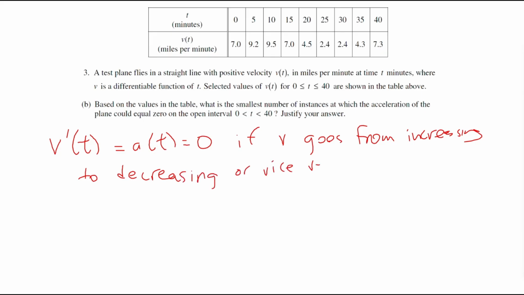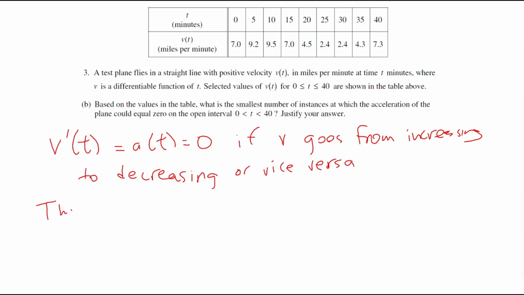We can see that happens. We're increasing from 0 to 5, 7 to 9.2. And then from 5 to 10, we're still increasing. But from 10 to 15, we go back down.